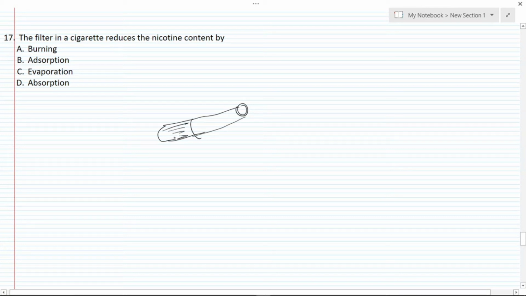This is usually in brown color, and this is white. This is where the filter in the cigarette is, the inside part of the brown label of the cigarette.